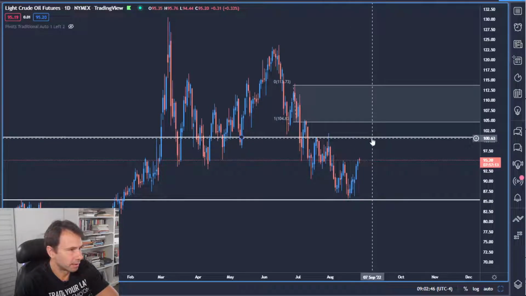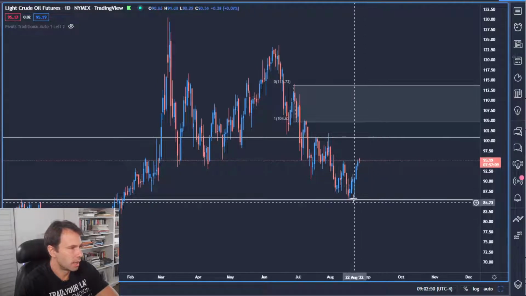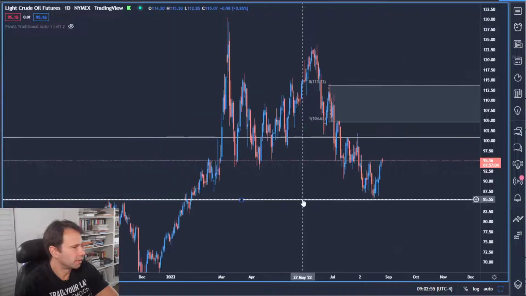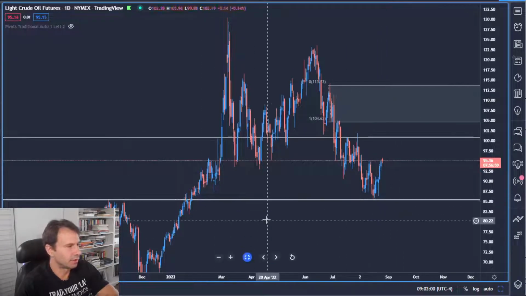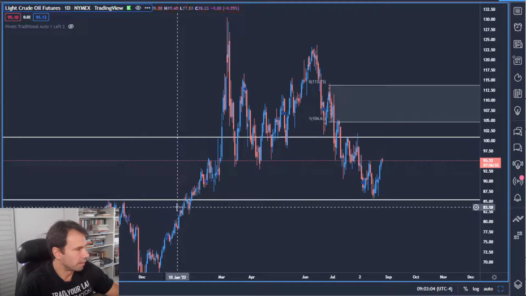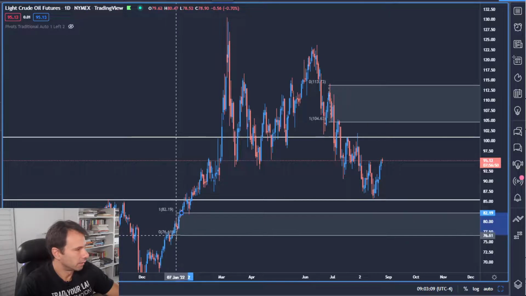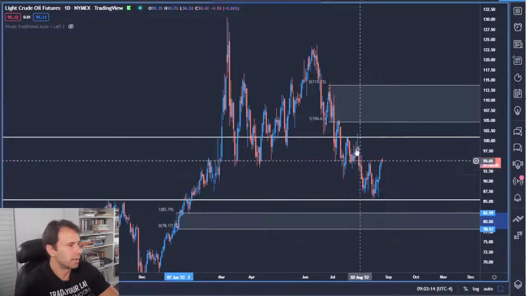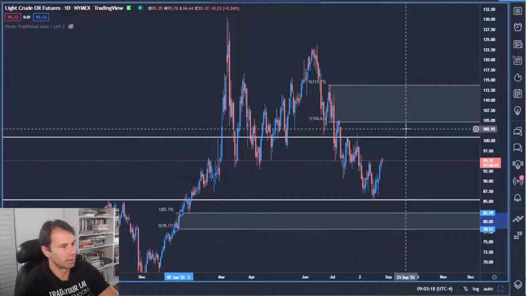I do expect some sort of resistance at 101 and 85 is the demand. Now if we come back to retest here, I need to reassess and see, all right, this is a sort of demand that I would be looking at. Where is it? There we go. Around here, 82. But I do see some supply here, so the most likely scenario is that we go back here.